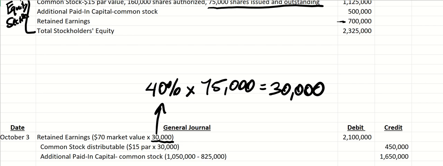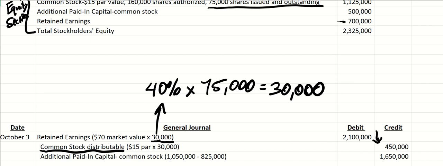This $2.1 million is decreasing the balance in the retained earnings account. The first account that's going to be credited is an account called common stock distributable, because this is a stock dividend distribution.